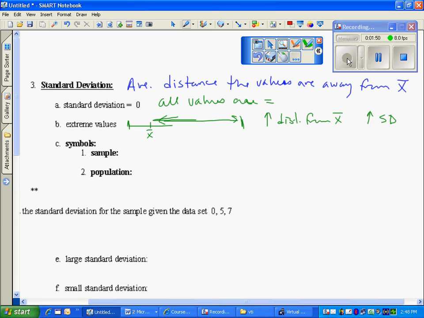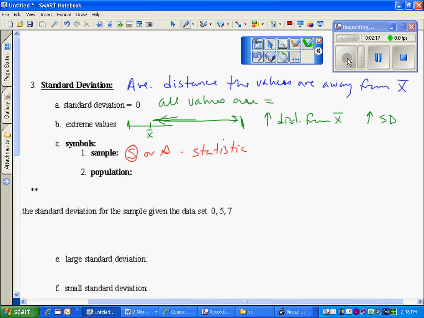Now, just like in measures of center, we have a standard deviation that comes from a sample, and in theory, one that could come from the population, even though we'll never likely get to see the entire population. So the symbol for the sample standard deviation is a symbol S. Now, I like to use a script S because my S here looks almost like a 5, and we call that S a statistic.